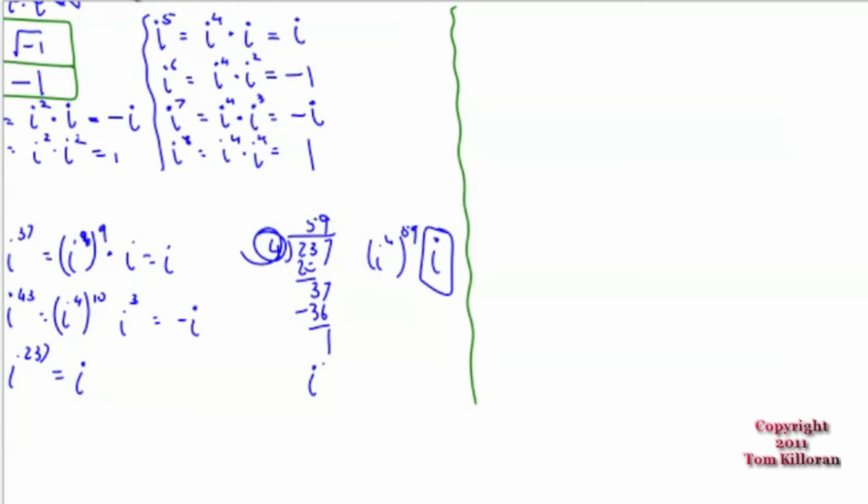So, square root of -2 times the square root of -8 minus the square root of -10.